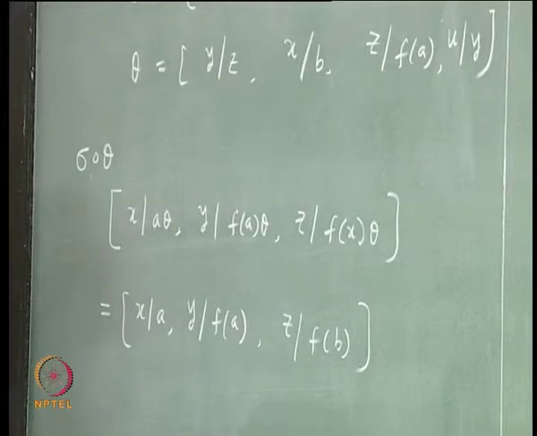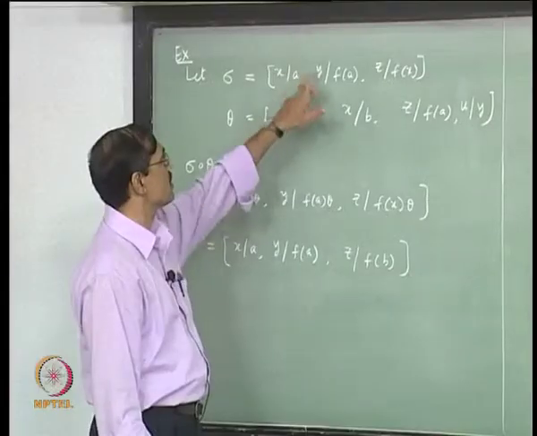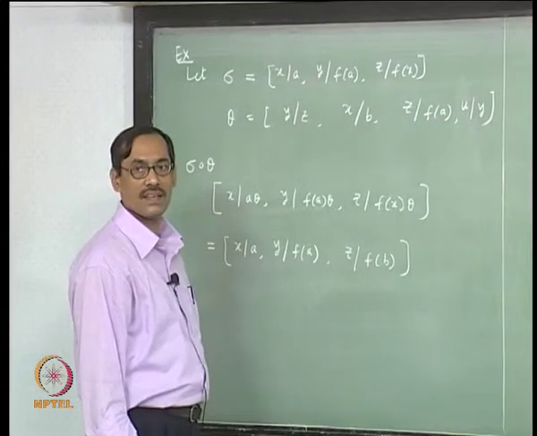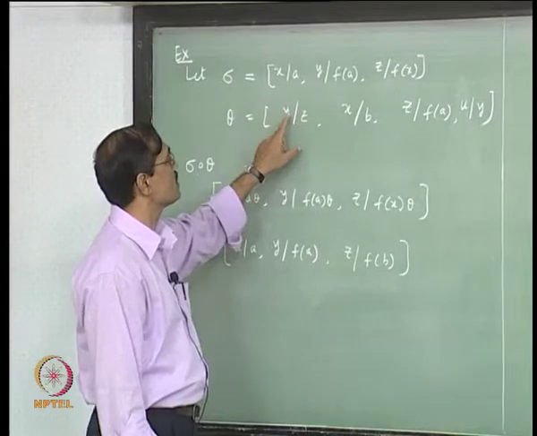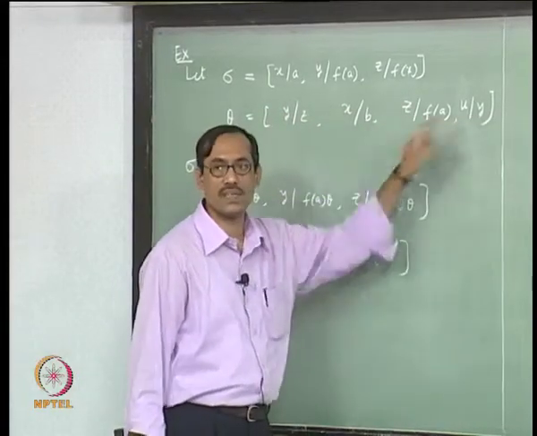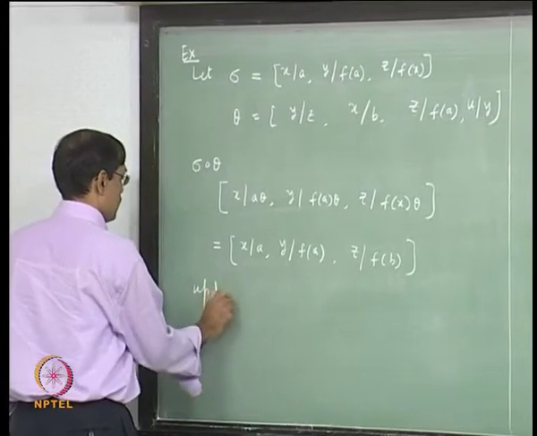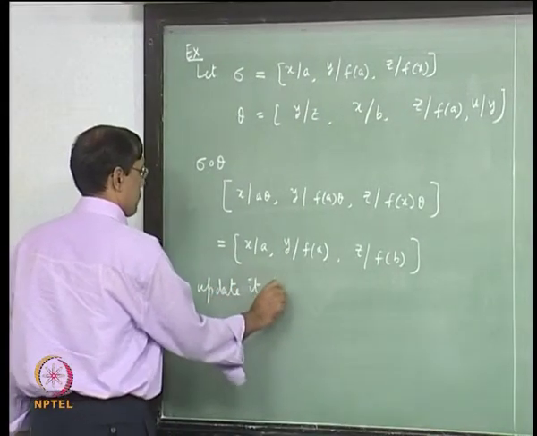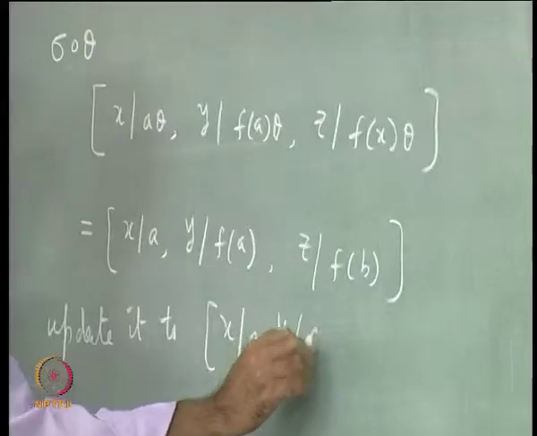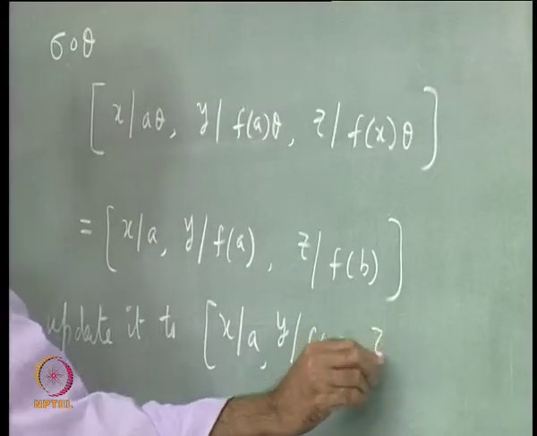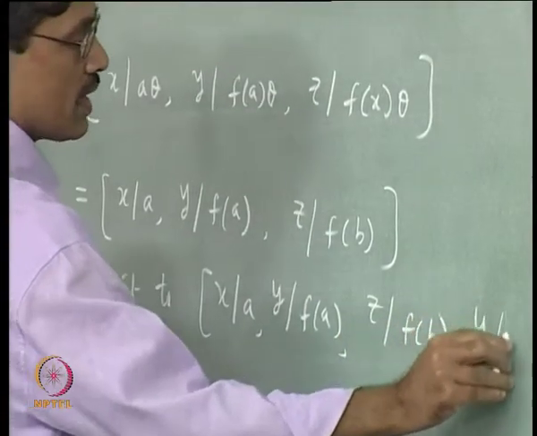So, next what we do, add anything extra here which is not x, y, z, right. So, x is there, y is already there, z is there, only u is not there. So, that one only will be added. So, update it to x by a, y by f of a, z by f of b and u by y.